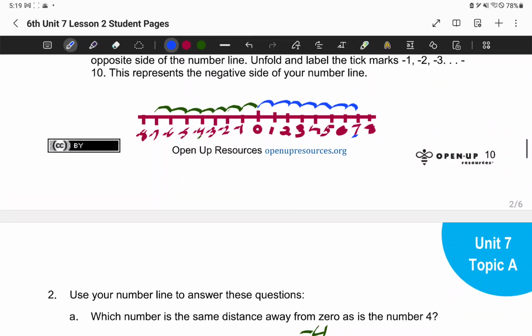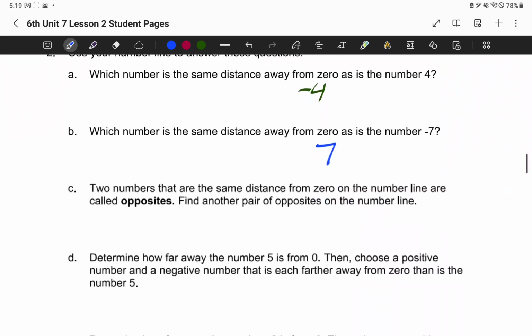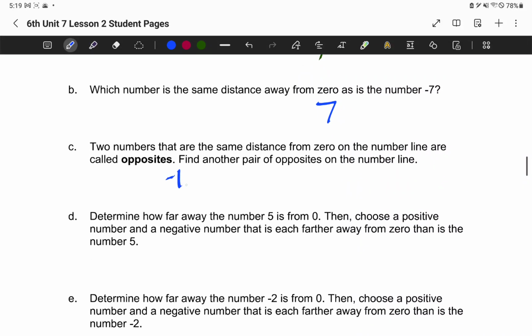Well, there are so many different answers. There's 1 and -1, 2 and -2, 3 and -3, and so forth. Okay, determine how far away the number 5 is from 0.